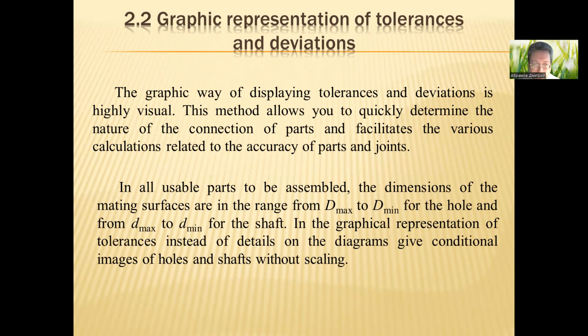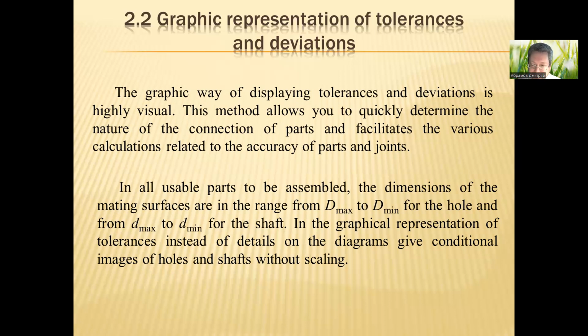In all usable parts to be assembled, the dimensions of the mating surface are in the range from D maximum to D minimum for the hole and from small d maximum to small d minimum for the shaft.